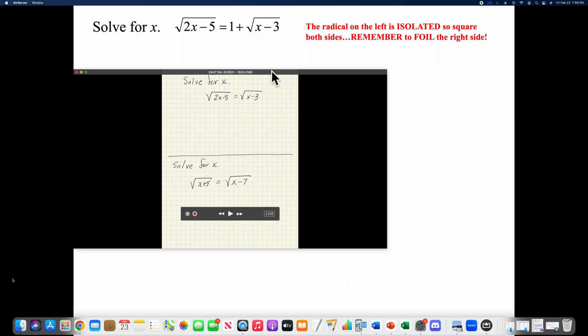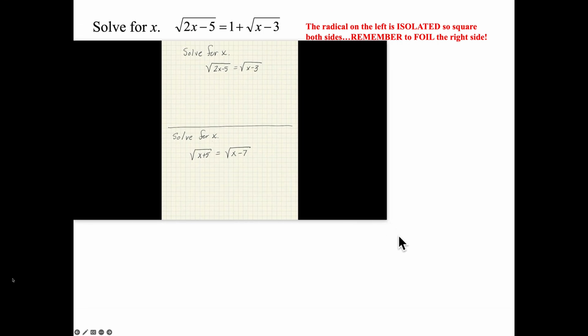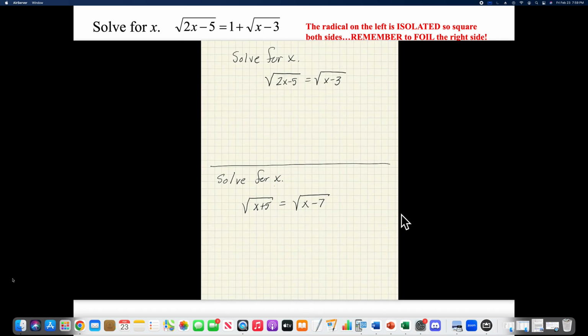I'm going to bring over my iPad, and we're going to work out the next 2 examples where these are easier to work with. All right. Now, because we have the radical isolated on both sides, we're going to go ahead and square both sides.